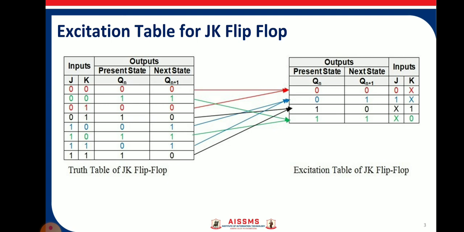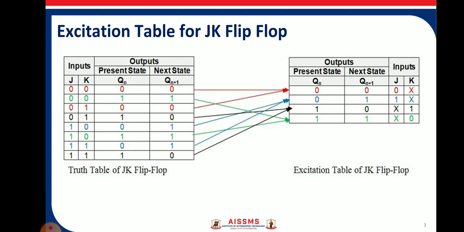Now, to prepare the excitation table, as I said, we already know the output, and according to that, we have to find out the input sequence. By considering the output side, that is nothing but the present state and the next state, these are 2 bits. Using the 2 bits, 4 combinations are possible: 00, 01, 10 and 11. So now check the 00 sequence. The 00 sequence occurs 2 times, which is shown by the red color.